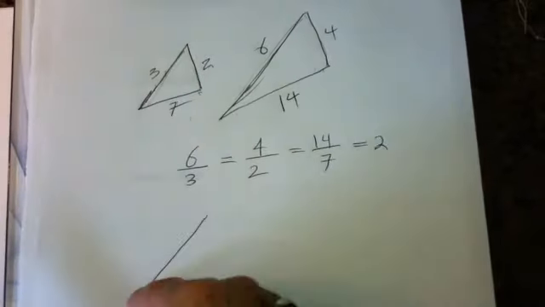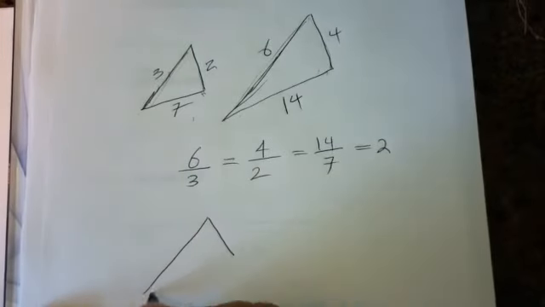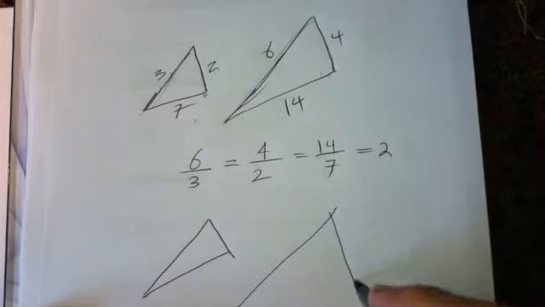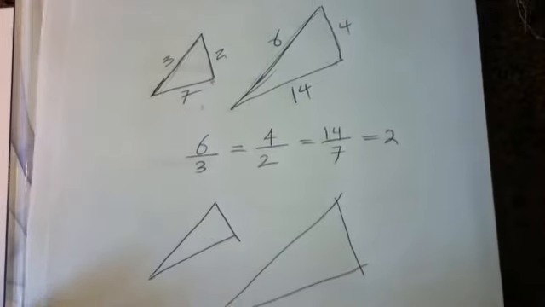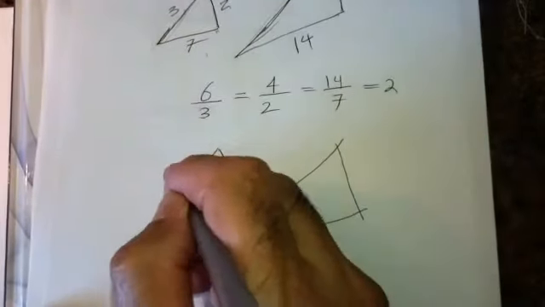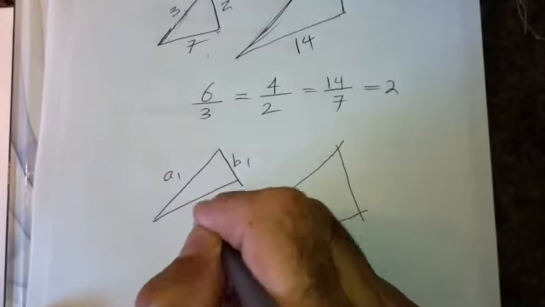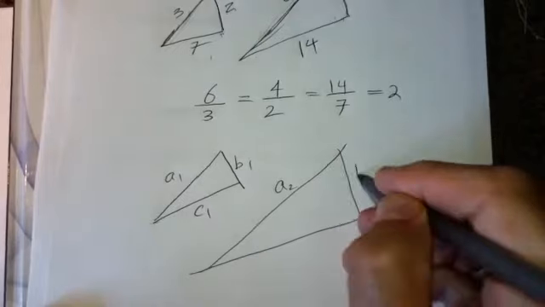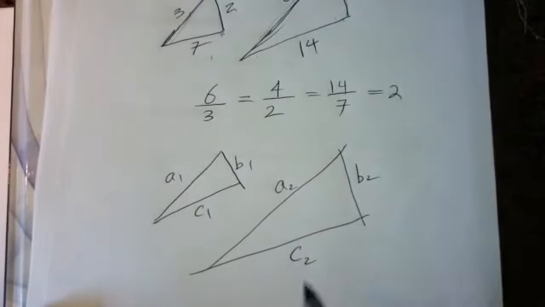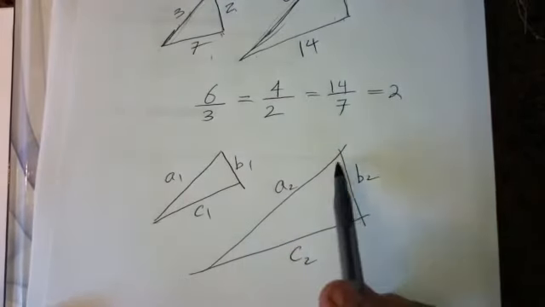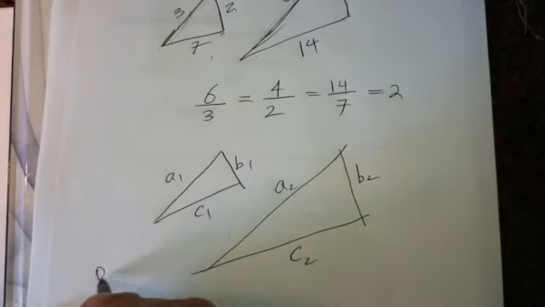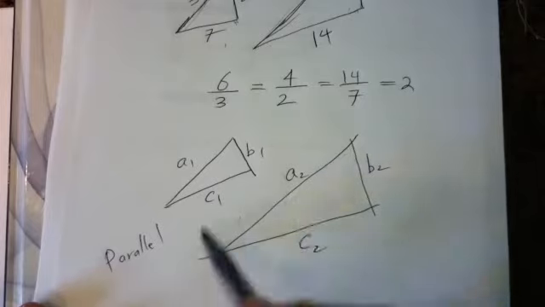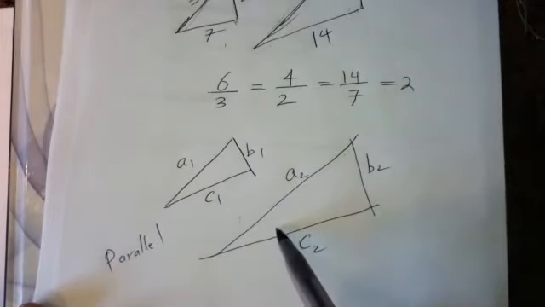So if you have two triangles or two pictures, it could be anything. And if this is A1, B1, C1, what is A2, B2, C2? A1 and A2 both are parallel lines. So these two are similar sides.